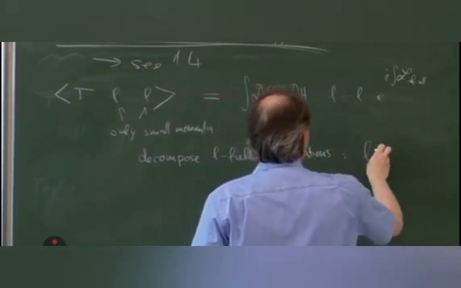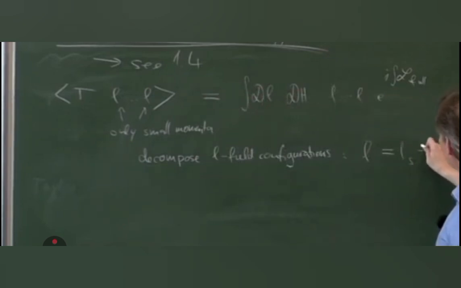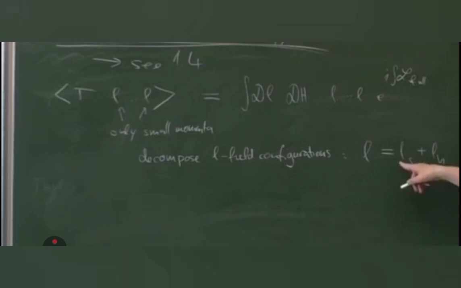Every light field configuration can be written as a sum of a soft light field configuration plus a hard light field configuration, where the difference should be defined precisely somehow, but such that the soft field configuration contains only small momenta, and the hard one contains only large momenta.